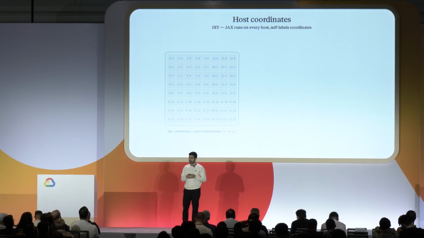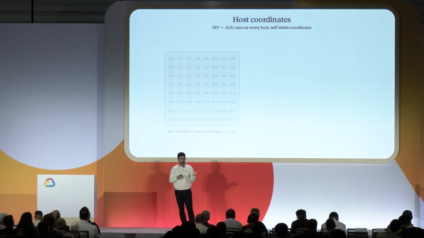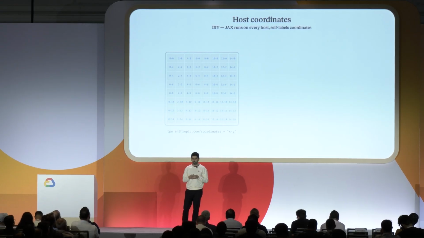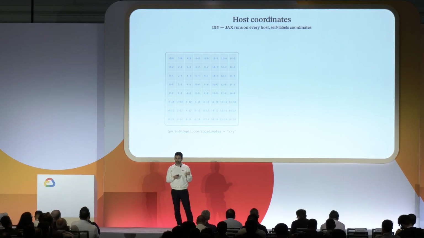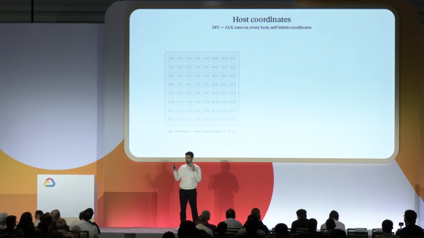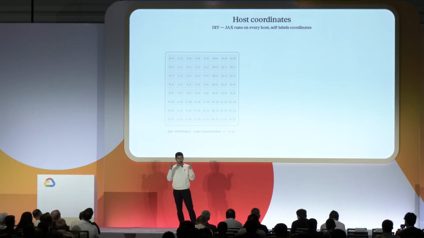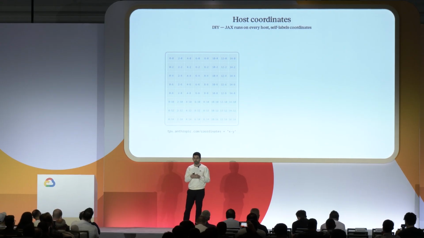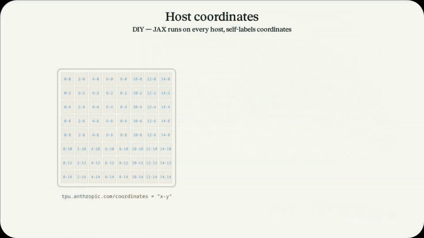The other thing that we got towards the end of 2025 was first-party availability of the host coordinates. This is a core feature for us to do the sub-slicing. To perform that runtime sub-slicing, we need to know exactly where to land the workloads on the physical hardware, but also be able to tell JAX where those things are for each one of the JAX processes.